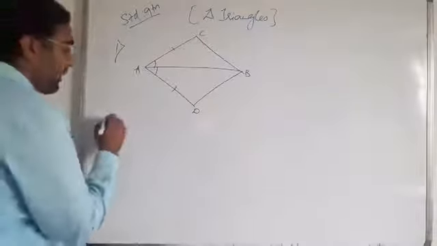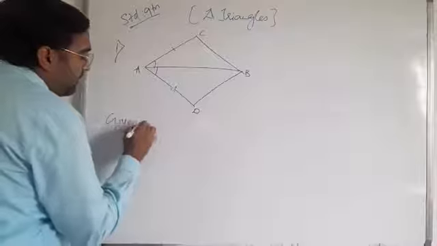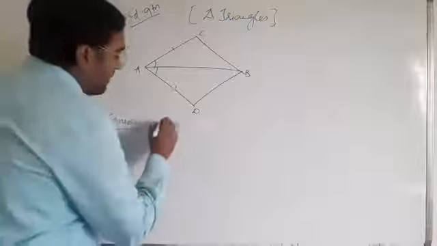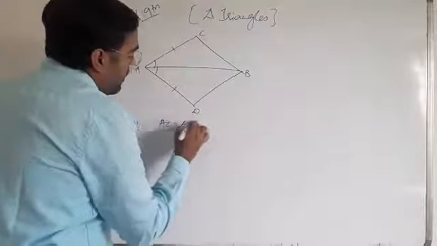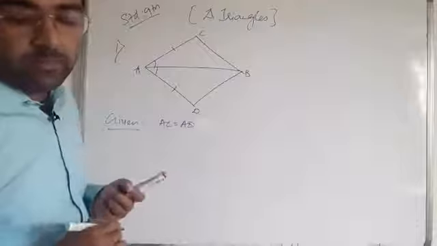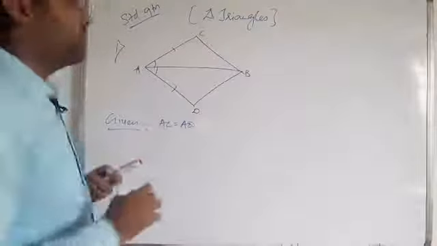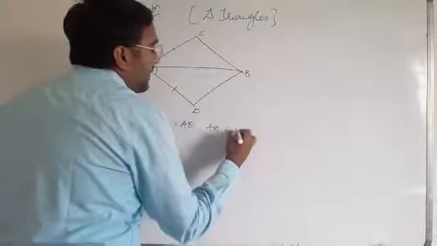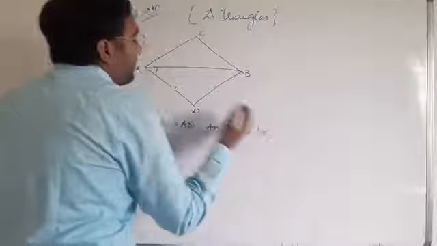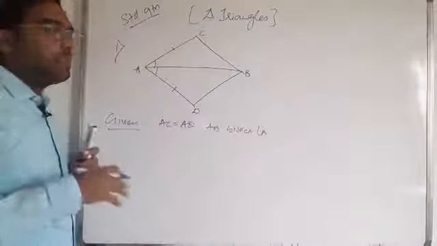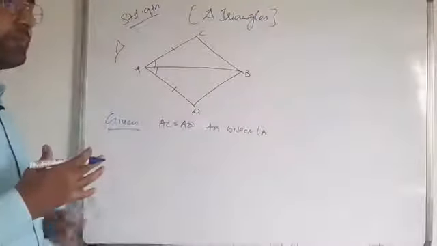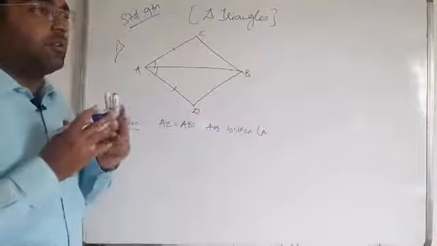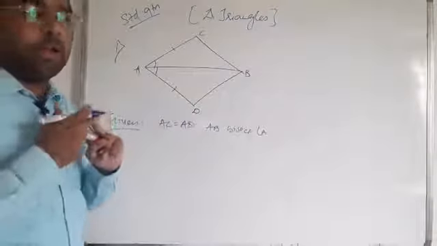So from the given, I write which things are given: AC is equal to AD, and AB bisects angle A. Now AB bisects angle A. That means bisected means divided into two equal halves. There are two things, bisector and median.